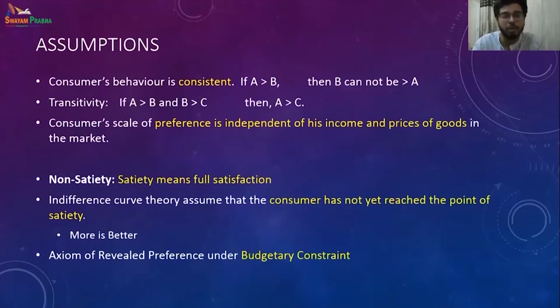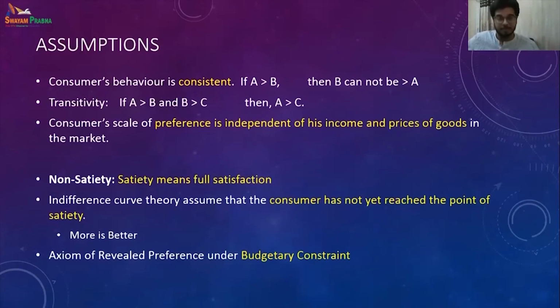And now, continuing with the assumptions, the next assumption says that the consumer's behavior is consistent. The revealed preference theory says that if they reveal, they let you know, they disclose that they prefer A more than B, and that remains the same throughout, at least as long as we are discussing his case or her case.